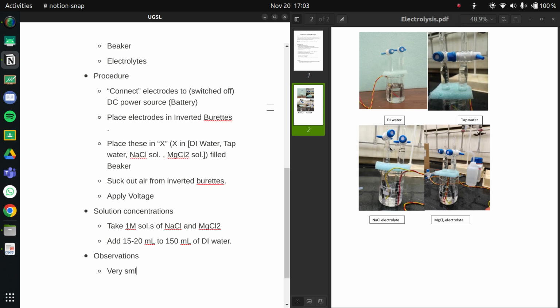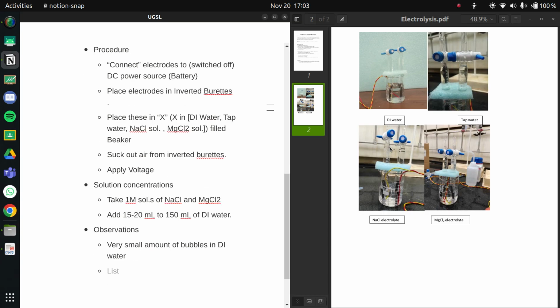Very small amount of bubbles in DI water and then large scale.